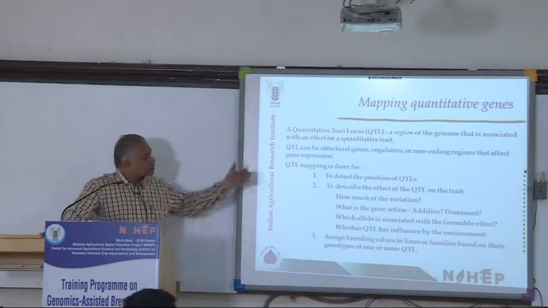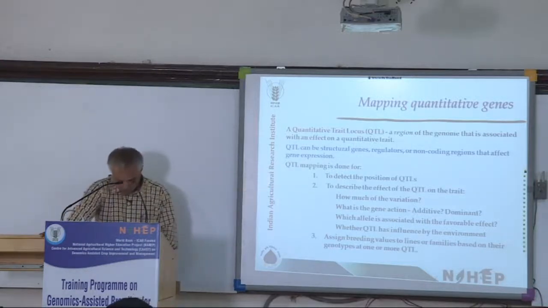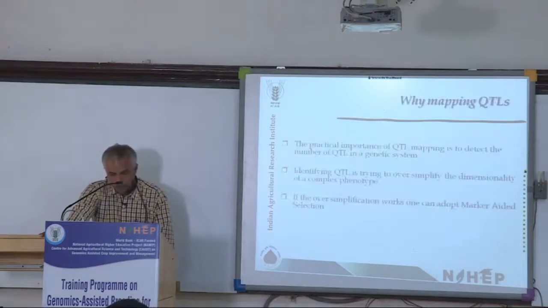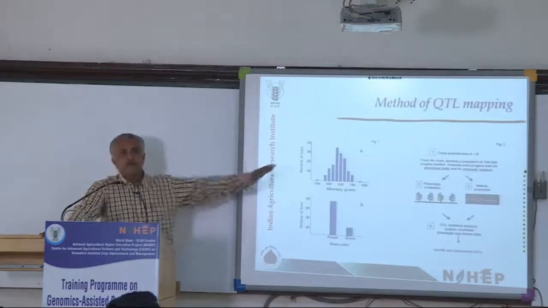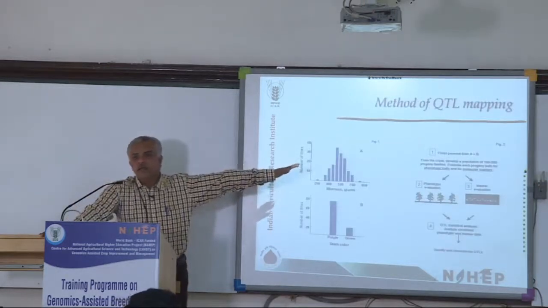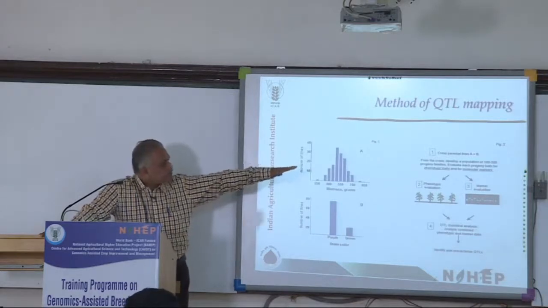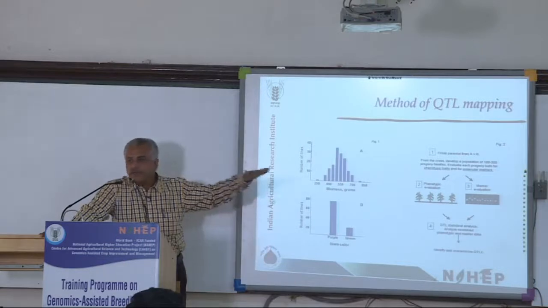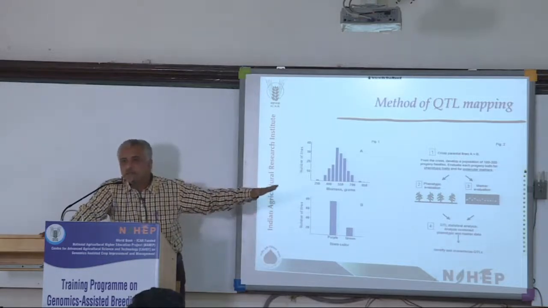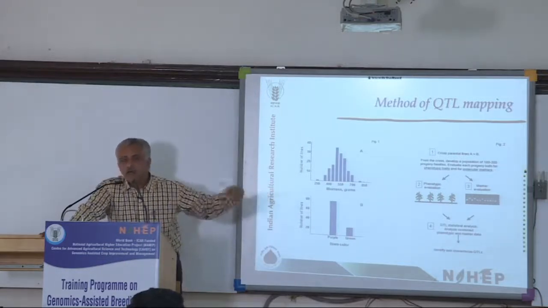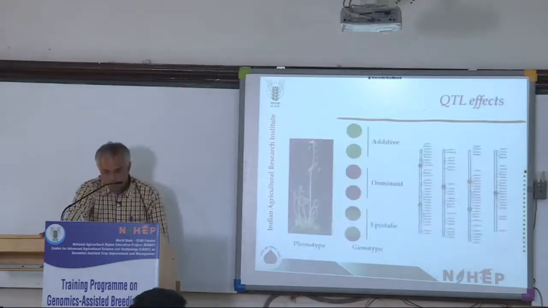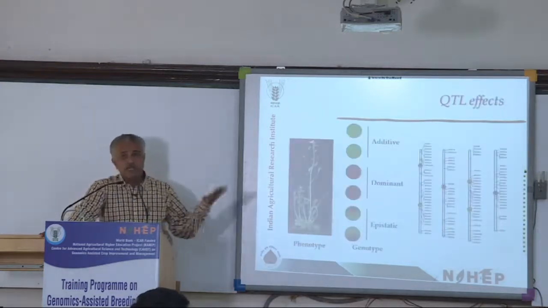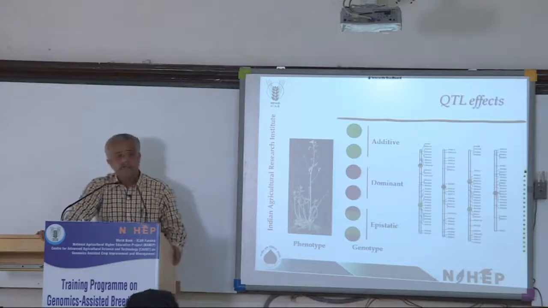Now, coming to QTLs, the minor genes, this is the basic idea of mapping. As I said, make the cross, get the progenies, then genotype them, phenotype them, and then you do the analysis. Before that, I will tell you what the different types of QTLs are.